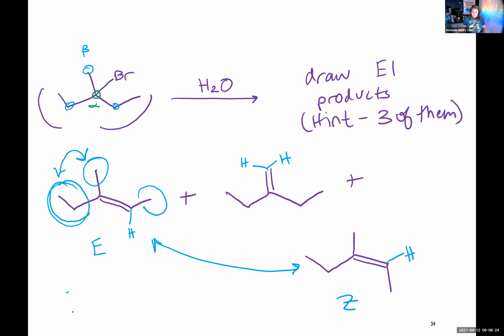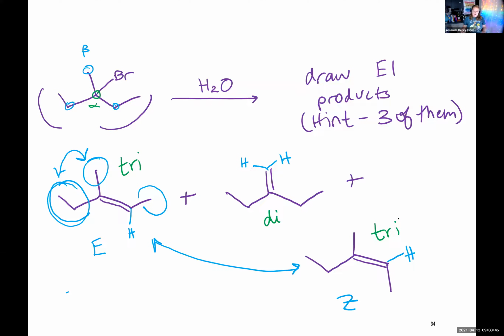We have 3 possible products. And if we're trying to decide which one is the major, we want to look at which one is the most stable. This one is tri-substituted, this one is di-substituted, and this one is also tri-substituted.